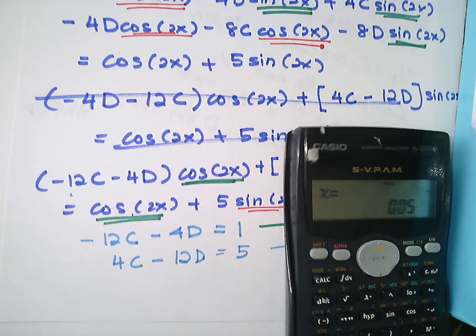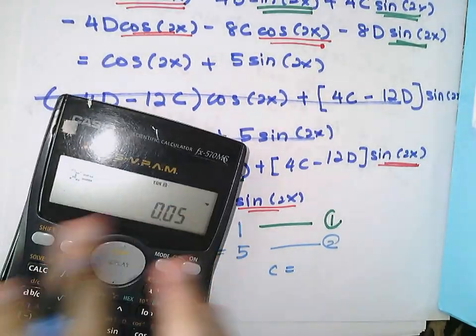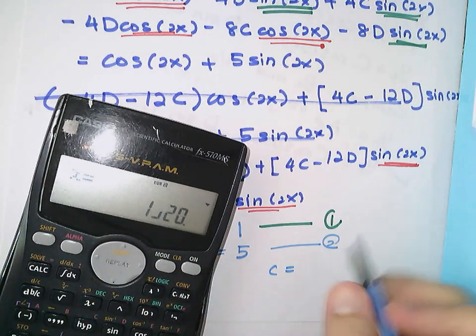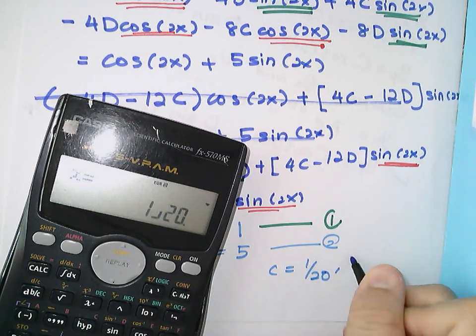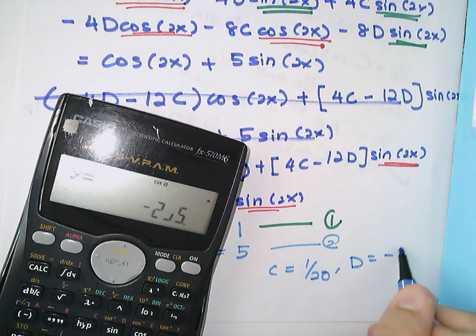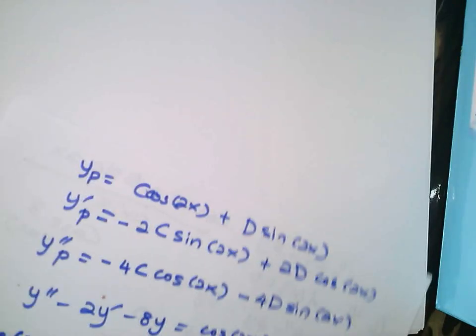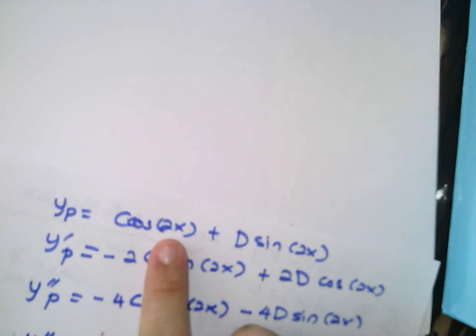Okay, so therefore you will have your c is equals to 1 over 20 and your d is equals to negative 2 over 5. So now you have the value of c and d. So substitute into your yp.